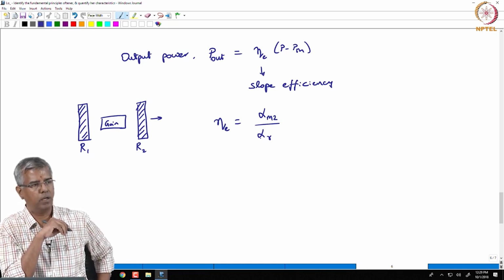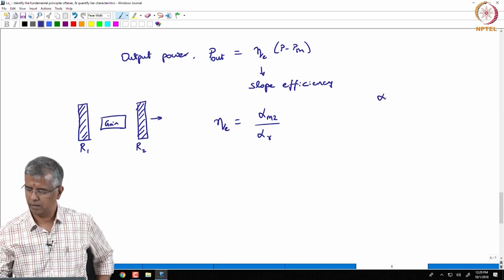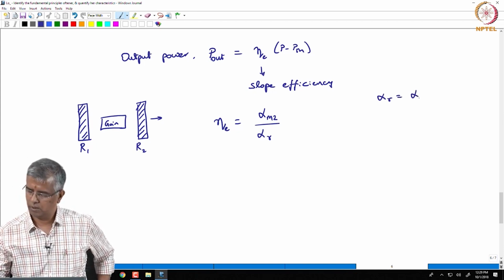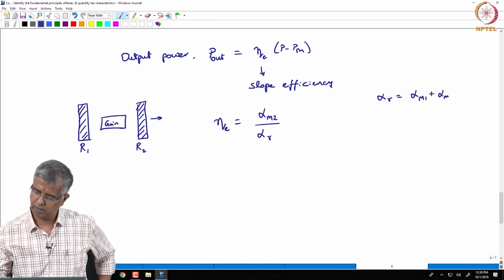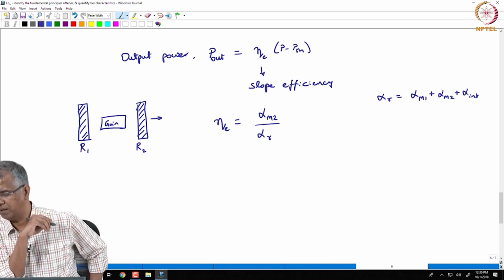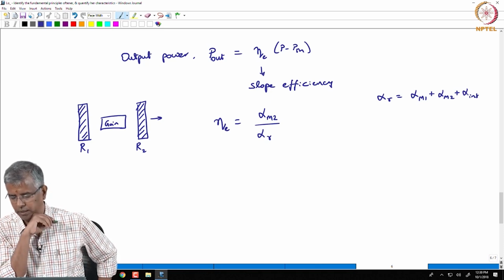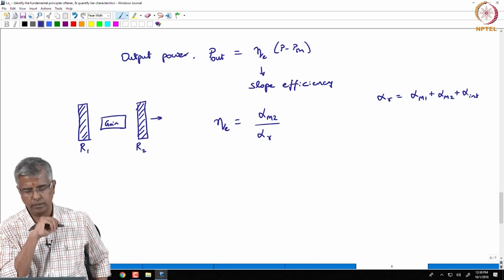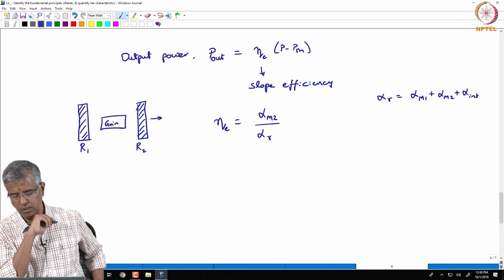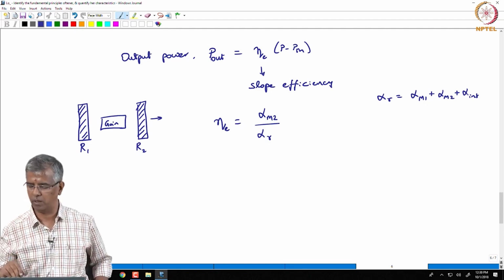The overall loss is alpha r, where alpha r corresponds to alpha m1 plus alpha m2 plus the internal losses in the medium, inside the cavity. So, you can write the slope efficiency eta E as the fractional loss for mirror 2 divided by the overall loss.